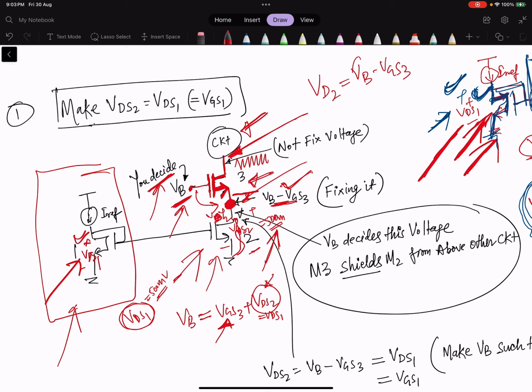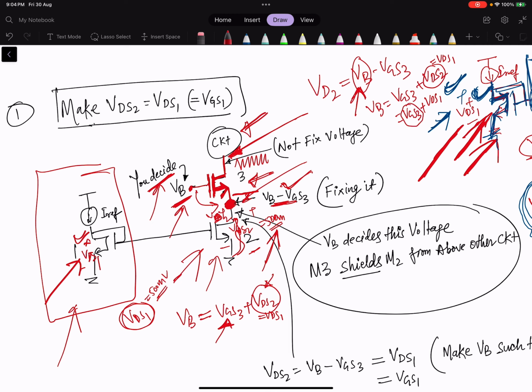VB we will make from another circuit, and we will fix that voltage such that VB is equal to VGS3 plus VDS2, so it will be VGS3 plus VDS1.